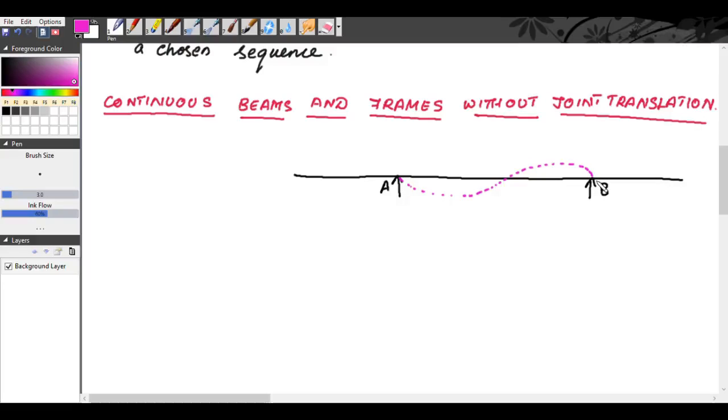If the deflected shape is like this, how can you write theta A and theta B?